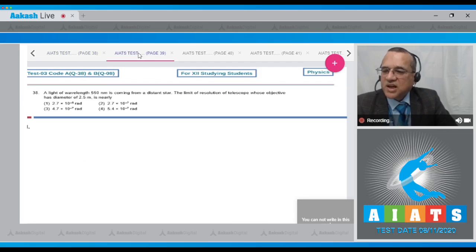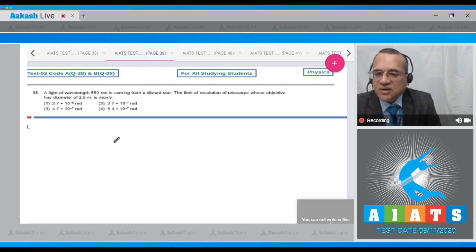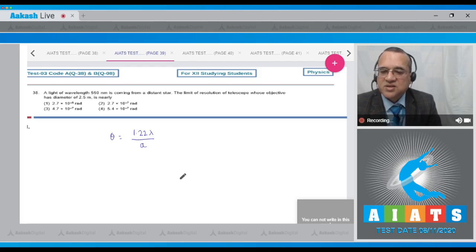Question number 38 says a light of wavelength 550 nanometer is coming from a distant star. The limit of resolution of the telescope, whose objective has a diameter of 2.5 meter, is nearly. So the limit of resolution theta for a circular aperture is 1.22 lambda divided by the aperture.